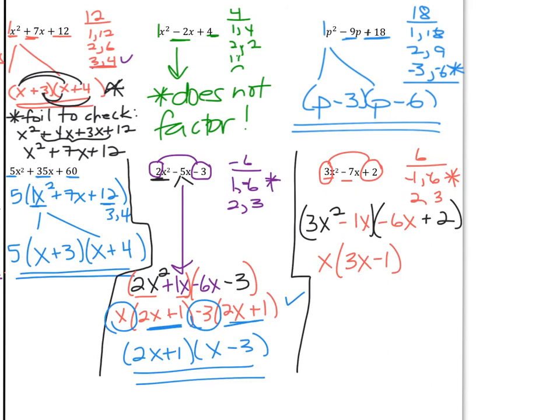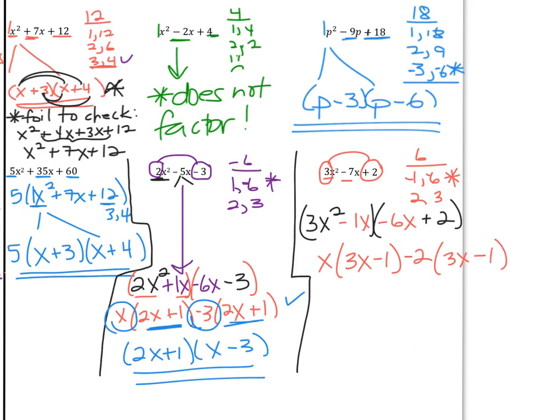And for 6 and 2, they only have a 2 in common, so I'm going to factor out the negative and the 2. If we factor negative 2 out of negative 6x, negative 2 goes into negative 6 positive 3 times, meaning we'd have 3x left over. And if we divide 2 by negative 2, that goes in negative 1 times.